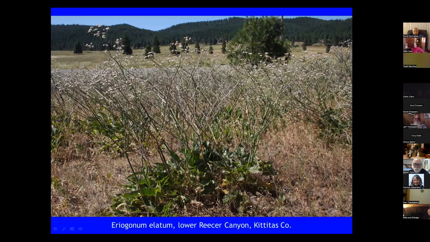Here's a typical field of elatum that can go very dense and they grow quite high. I'm going to venture that they probably grow certainly over 3 feet high, possibly up to 4 feet high in places, and in these very dense stands. When you find a field like this in fresh bloom, if you walk through it, you're likely to find numbers of butterflies.